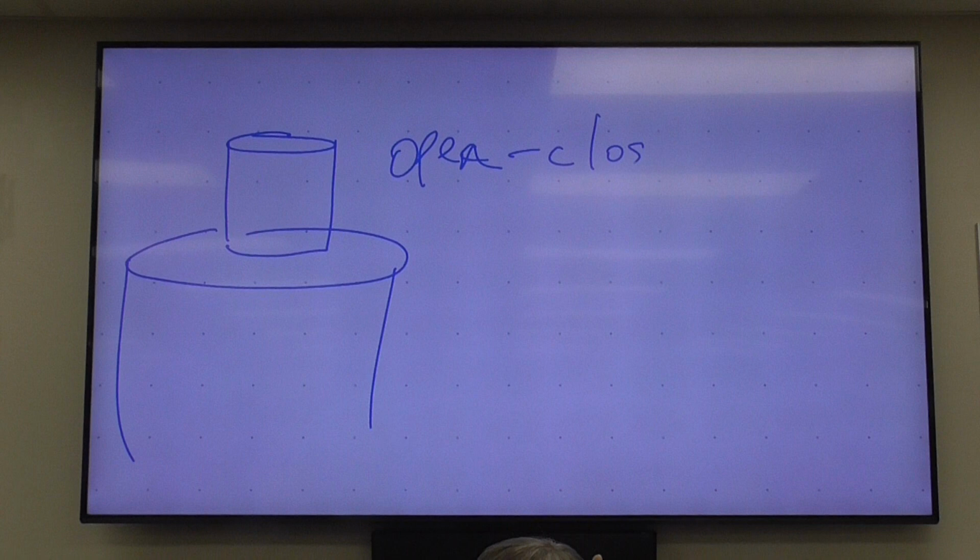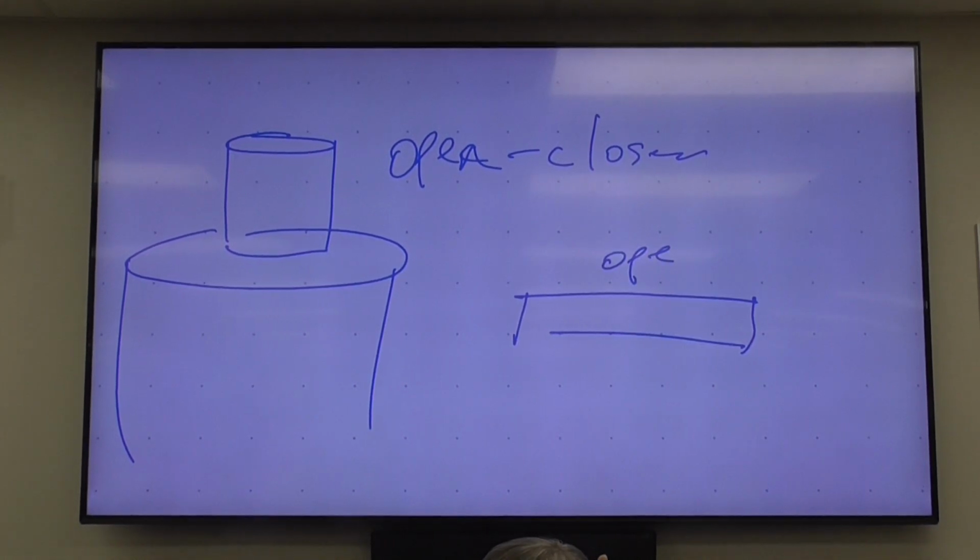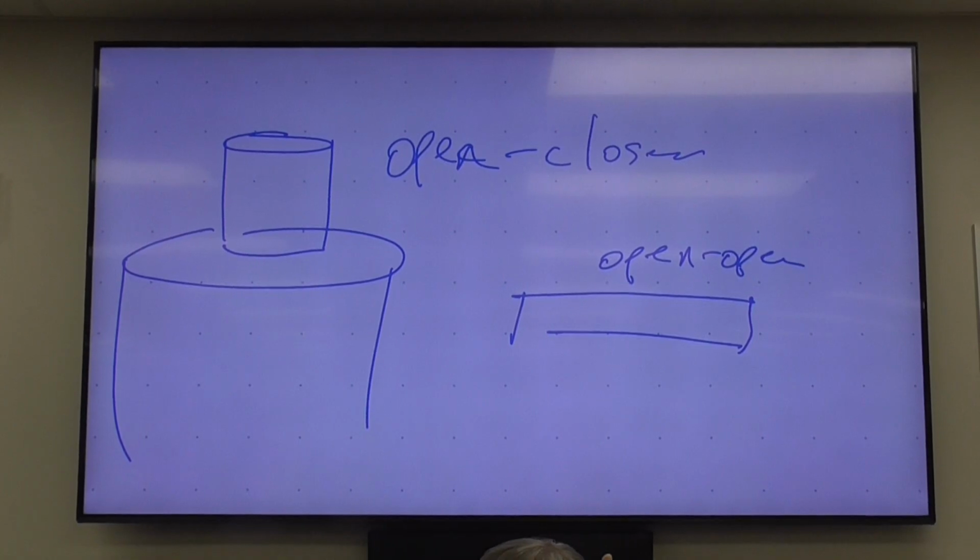Okay. So let's talk a little bit about that lab from yesterday. So basically, you had two different systems. You had an open-closed system, and you had one open system, okay?